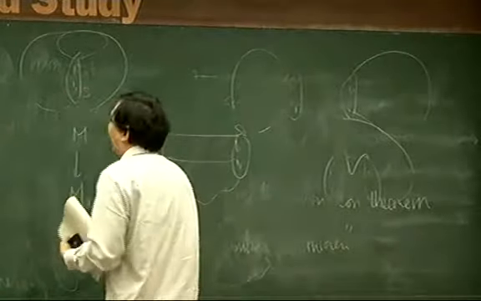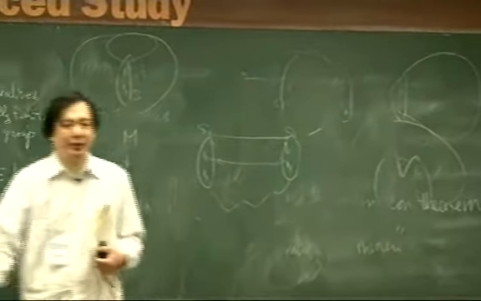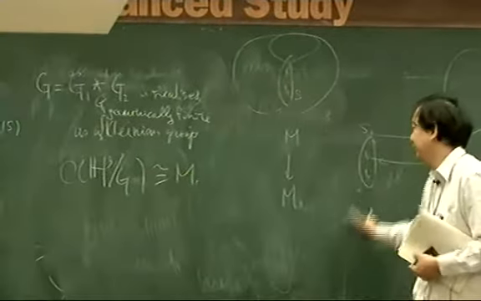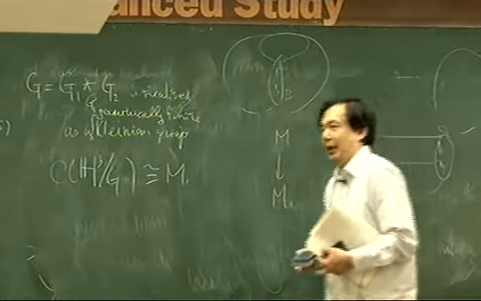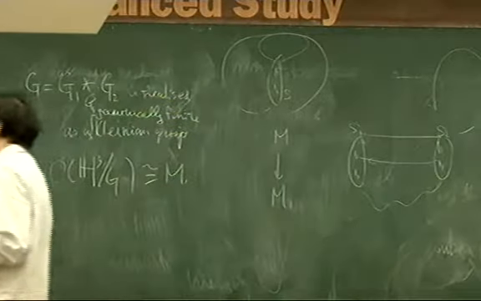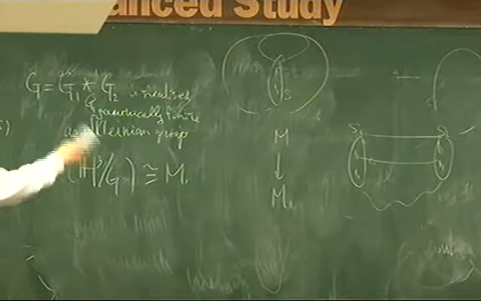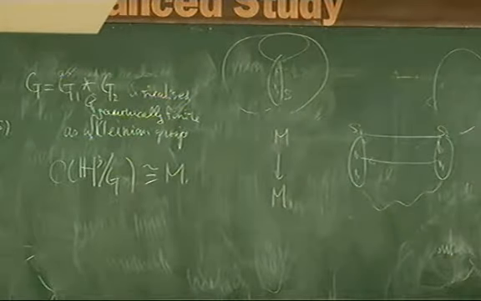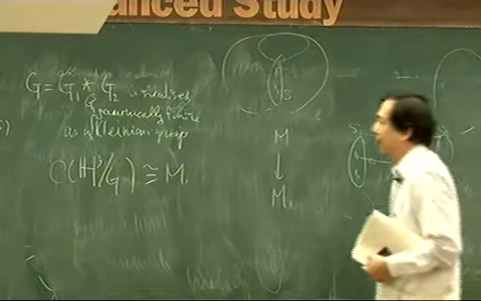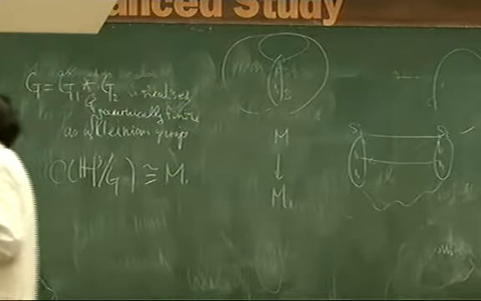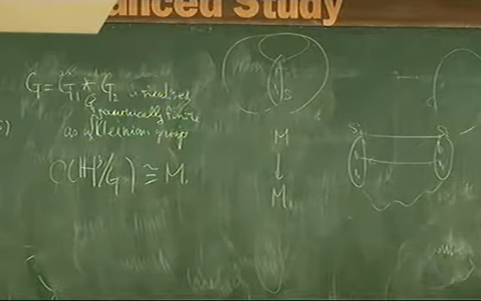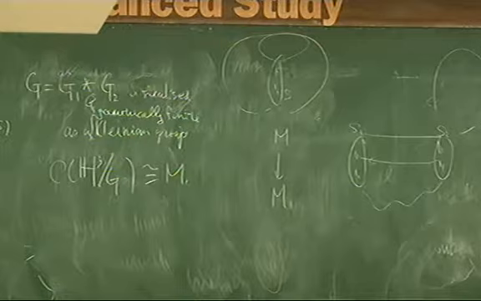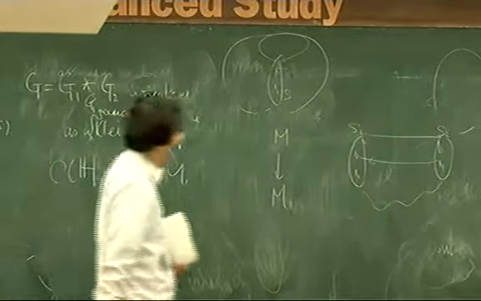So what you have to do is an HNN extension of this one, and the similar kind of theorem holds for this case, even if the S is non-separating. Okay, because this picture is easier to understand, let me stick to this separating case.